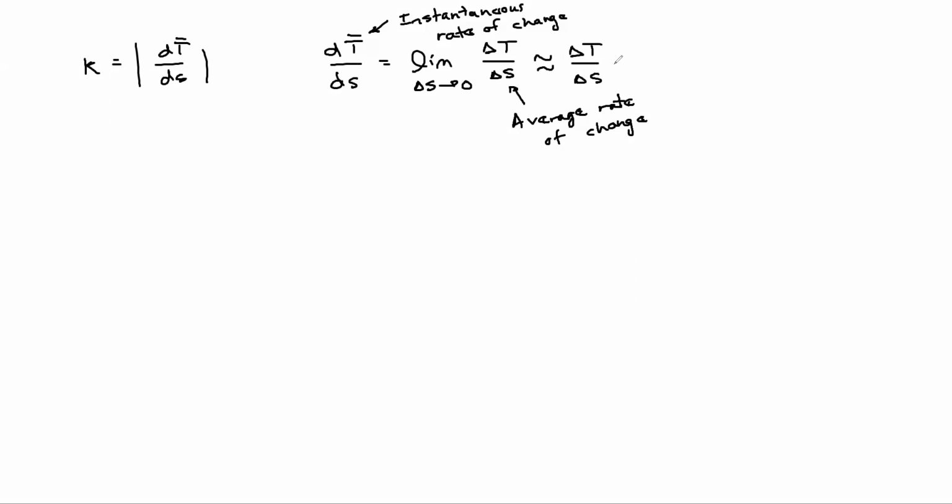Because we can rewrite change in s over change in t as t of s2 minus t of s1 divided by s2 minus s1. So we started off with a derivative and we ended up with something that looks kind of like a slope, a change in quantity divided by a change in another quantity, a rate of change.